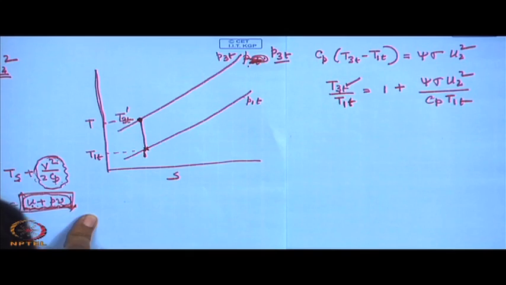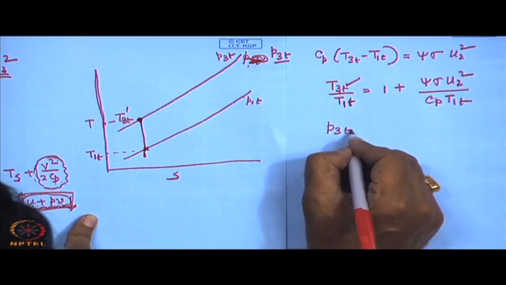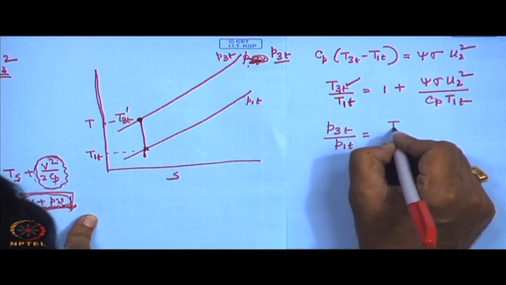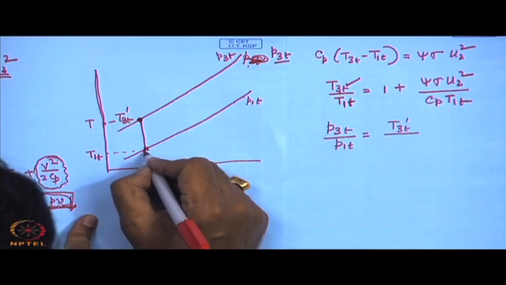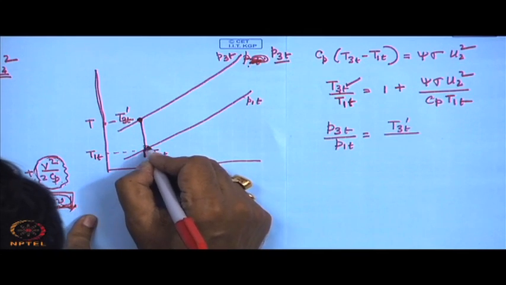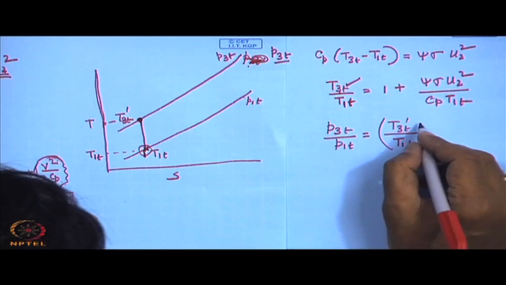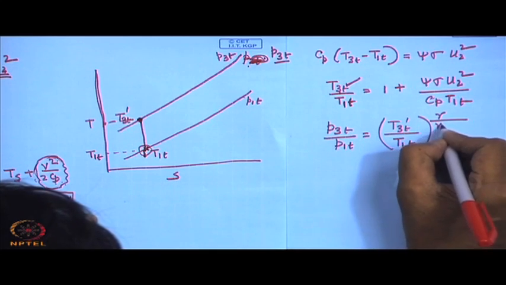So, if this temperature I know, then I can write the expression for pressure rise, which I am interested to know: T3T dash divided by T1T, the inlet temperature to the compressor, is equal to the pressure ratio to the power gamma by gamma minus 1.